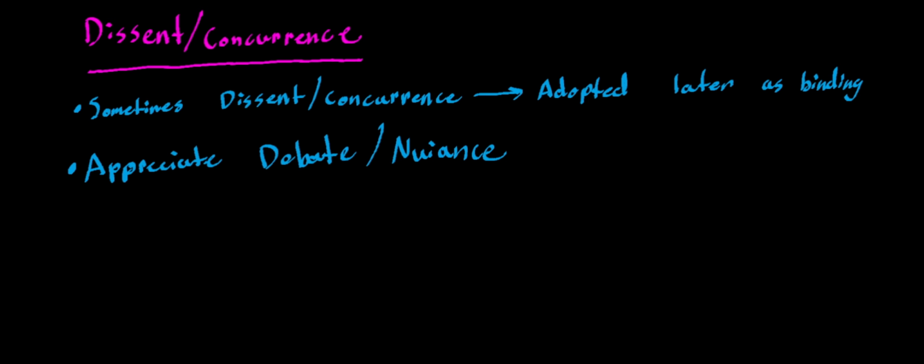So sometimes you get a set of facts that the justices all agree are bad, but there's a debate among the justices as to what constitutional provision governs. So in that situation, you may want to include a dissent or concurring opinion just because there's an ongoing debate over what the governing rule is.